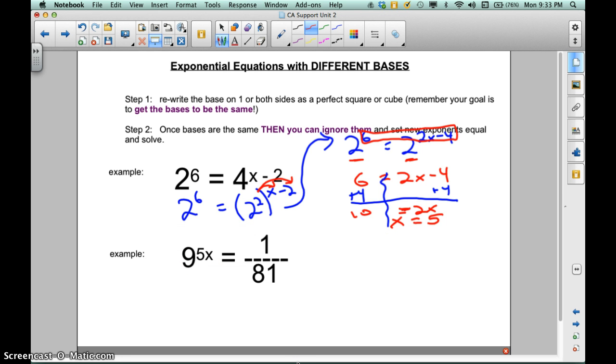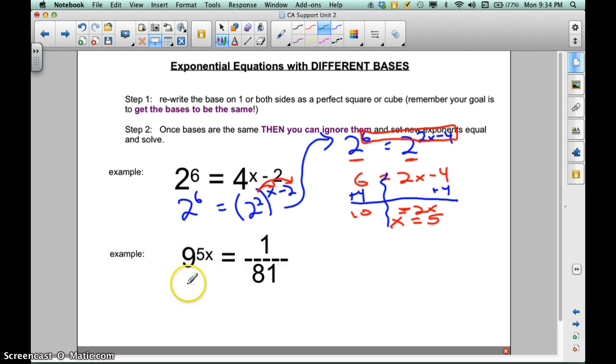Let's do another one together. This one, we're going to be using some negative exponents, and you know that right away because you have a fraction. All right, so 9 to the power of 5x. Well, 9 is 3 squared, but could you turn this 81 into something that has a base of 9? Isn't 81 a perfect square?